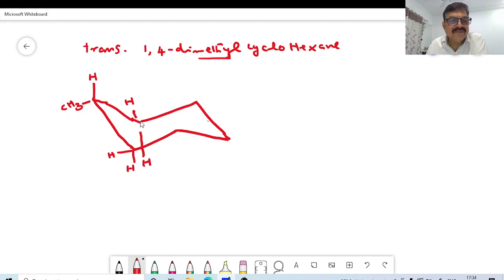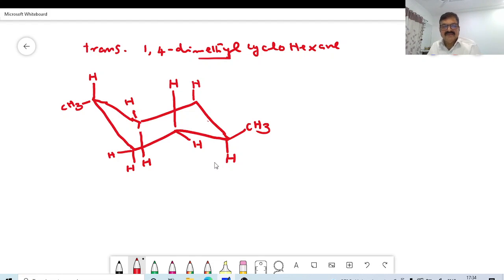Now here equatorial, axial, correct. So this will be our trans isomer.